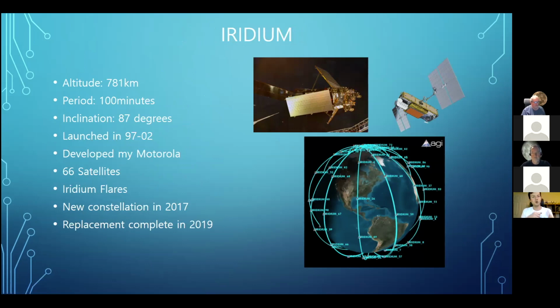There are more because they have spares both in orbit and on the ground, but 66 satellites is what's orbiting. They orbit in 6 different planes with 11 satellites each. The inclination here is 87 degrees, so almost 90, almost a vertical orbit. It takes them around 100 minutes with an altitude of 781 kilometers. So quite high up, not a huge amount, but not low either.